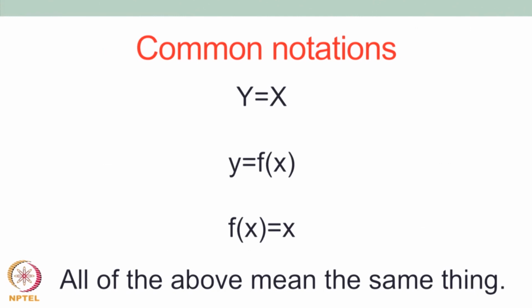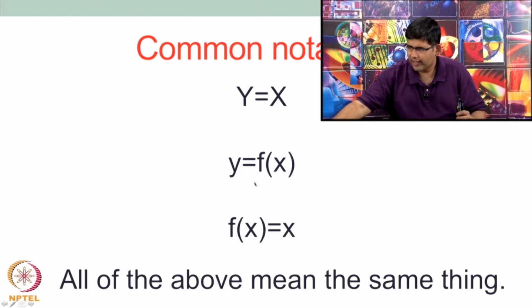In textbooks, common notations to represent this is typically y is equal to x. Sometimes we would write y is equal to f of x, that means y is a function of x, and that function is nothing but x, right, f of x. So, one would see sometime any of this, and this all means the same thing.